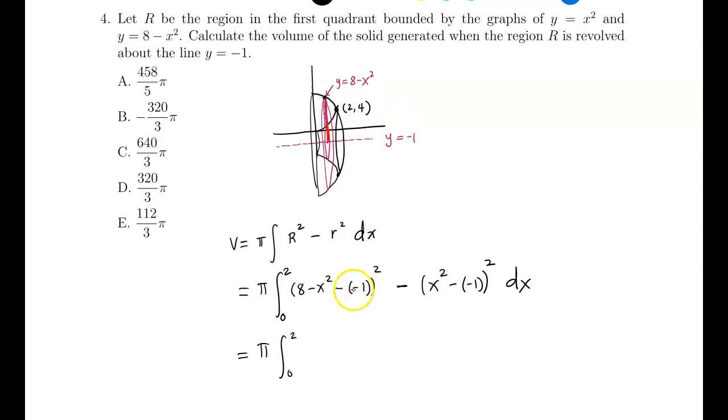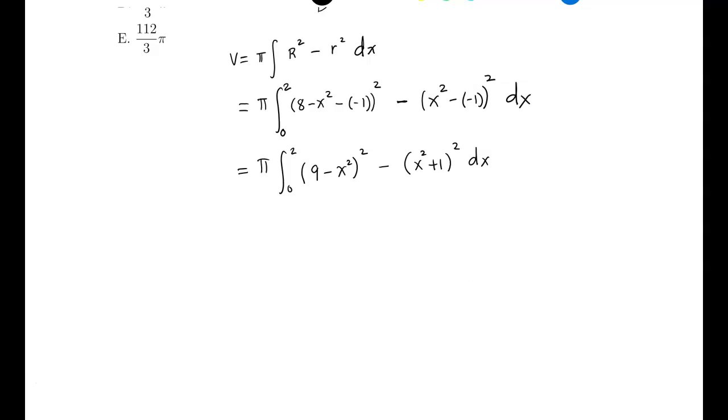Now we have negative negative, that makes it positive, so 1 plus 8 is 9. So you will have (9 minus x squared) squared minus, and in this case negative is positive, (x squared plus 1) squared dx. Now let's expand this so we can simplify it.